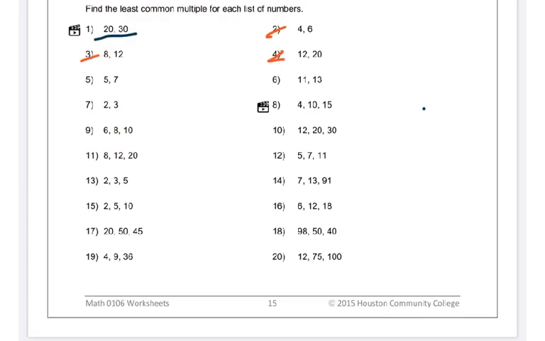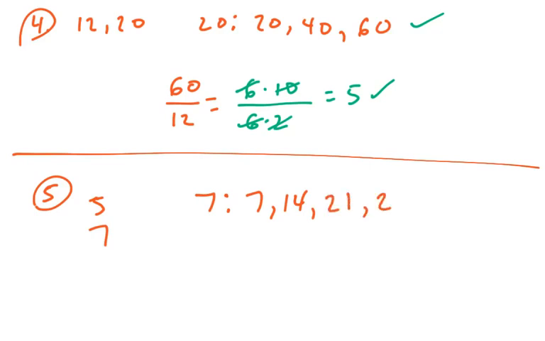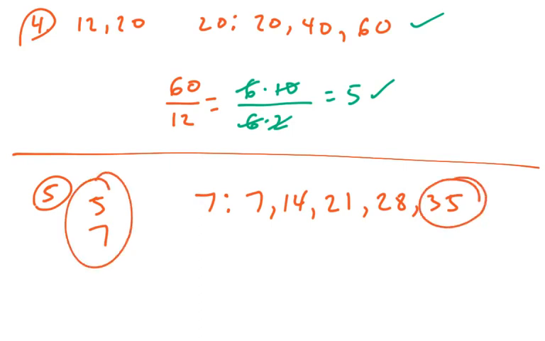Next one, number 5, is 5 and 7. Now, for consistency, I'll list, but I can tell you that the LCM here is going to be 5 times 7, which is 35, because both of these are prime numbers, right?